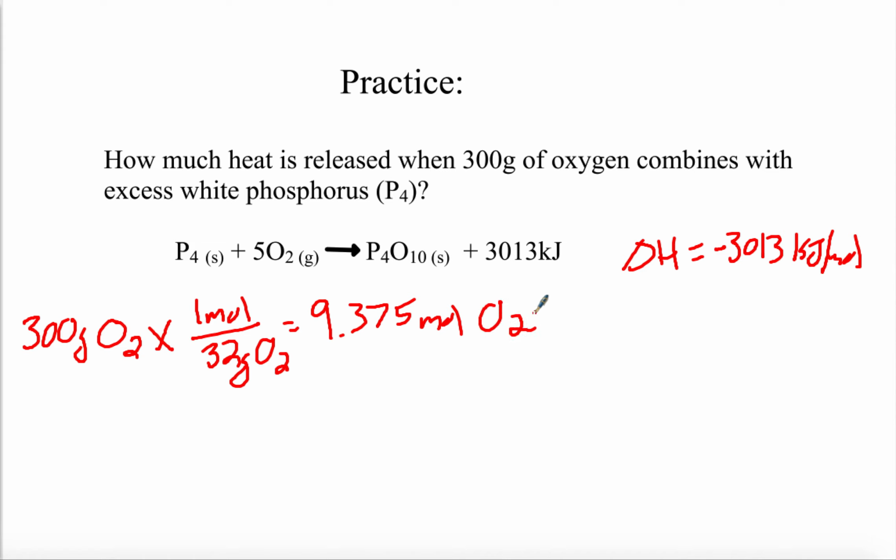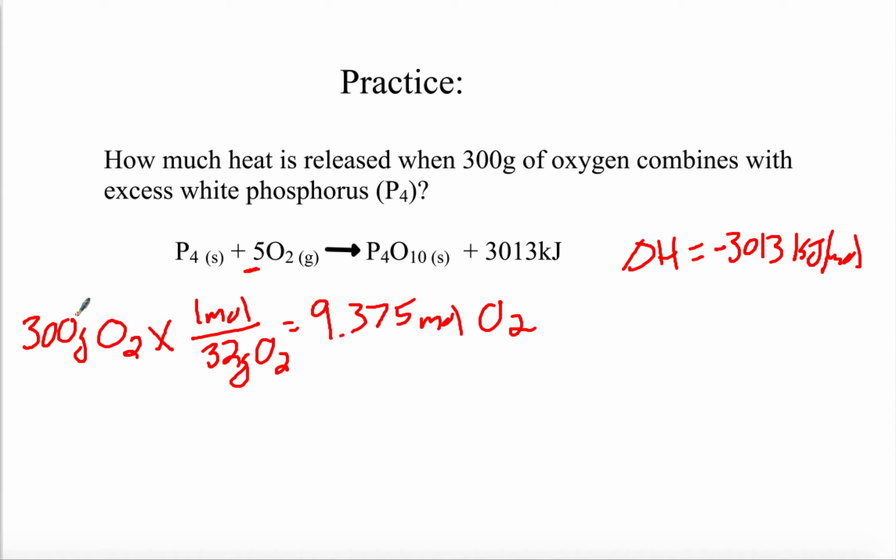So now we know how many moles of oxygen we have. We need to figure out how much heat is being released here. Well, considering that for every mole of this reaction, 3,013 kilojoules of energy are being released, but our reaction says that 5 moles of oxygen goes into it, and now we have 9.375 moles.